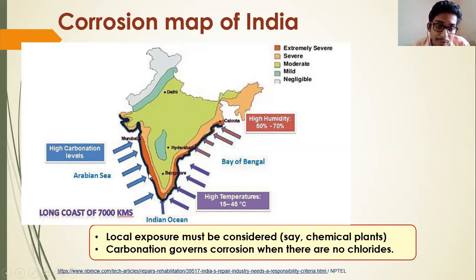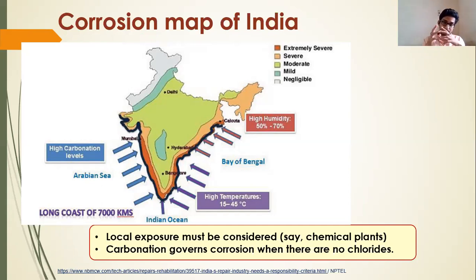So this area will always be exposed to a huge amount of chlorine, and this coastal area is more prone to corrosion. You can see the map here. Even in the mid part of the country, if it is not a coastal area but the humidity is more than 60% to 70%, then we may also have carbonation induced corrosion.